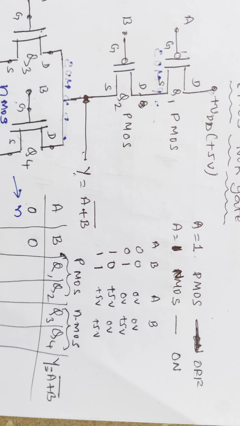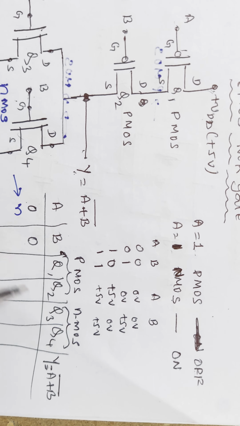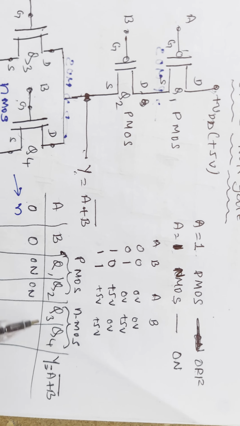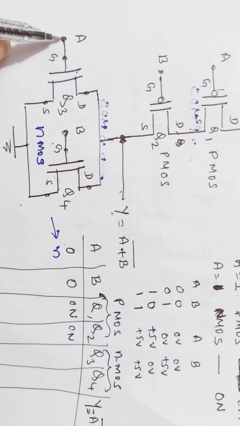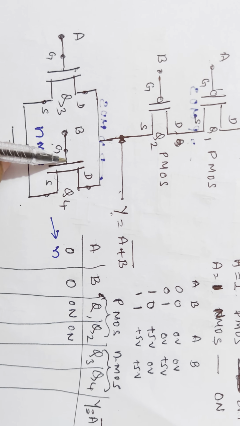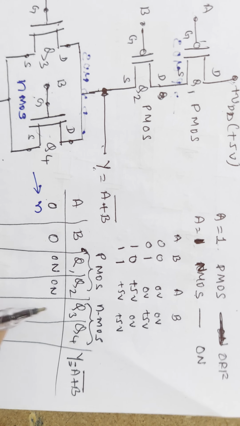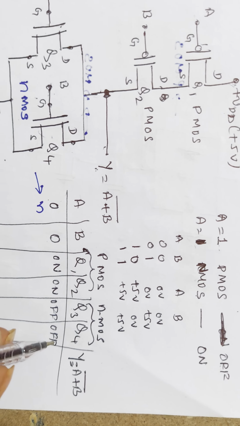Therefore, when A equals 0 and B equals 0, for the P channel, Q1 and Q2 go on. Whereas for the N channel, when the input is 0, it goes off. Therefore, Q3 goes off, Q4 goes off.